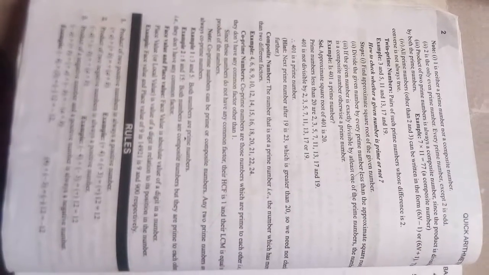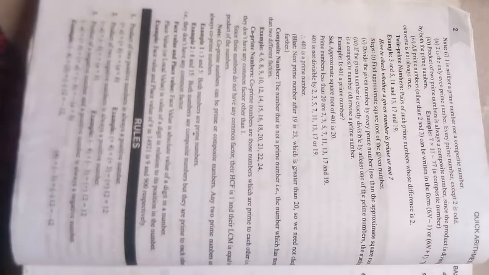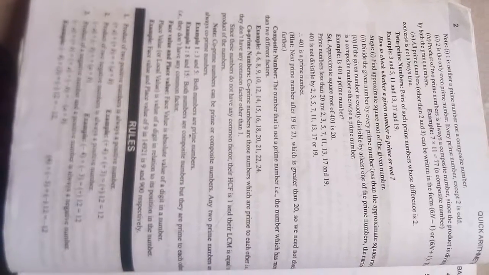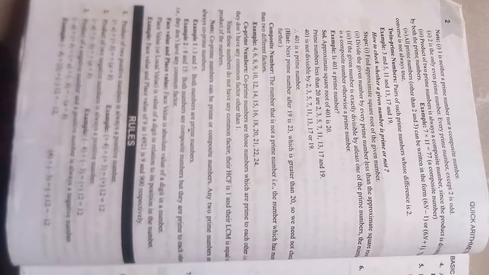Next, composite numbers. As we discussed earlier, composite numbers are the numbers which have more than 2 factors. And we can also say that the least prime number, which is also the only even prime number, is 2. And the least composite number is 4. So what about 1? Here 1 is neither a prime number nor a composite number.